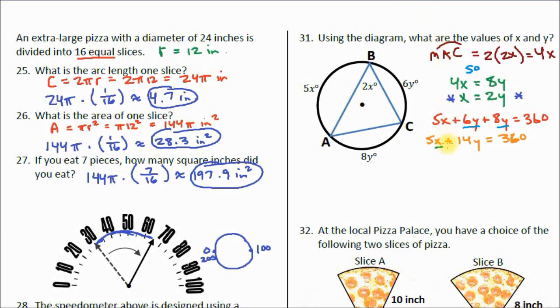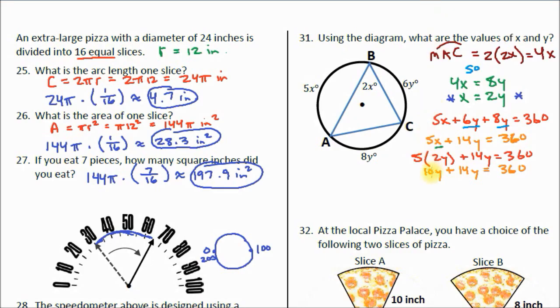So let's go ahead and do that. This is going to be now 5 times 2y plus 14y equals 360. We can distribute here. 5 times 2y is 10y plus 14y equals 360.